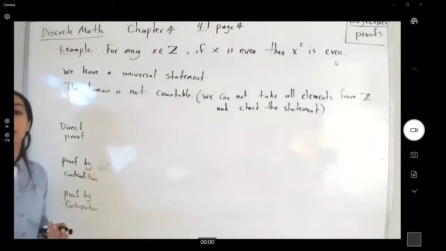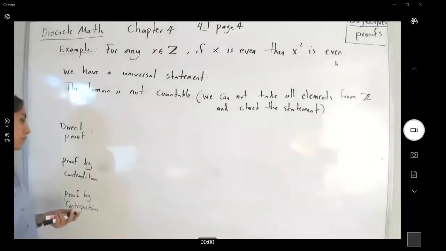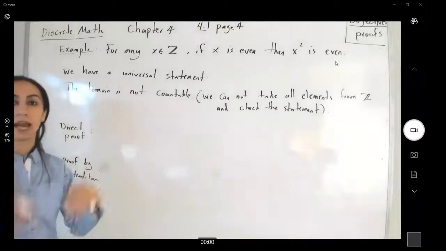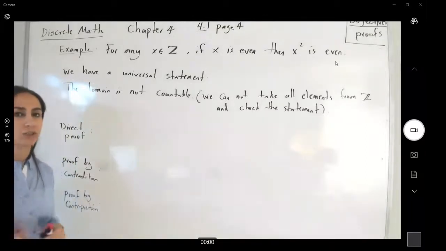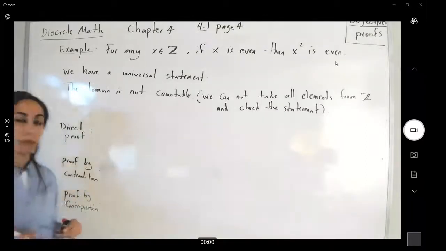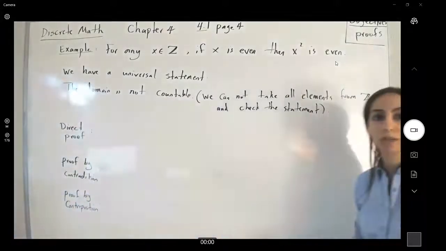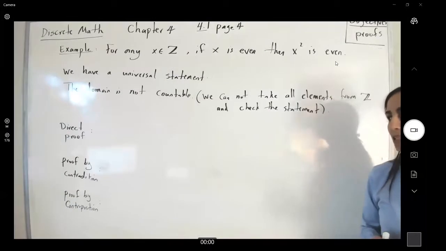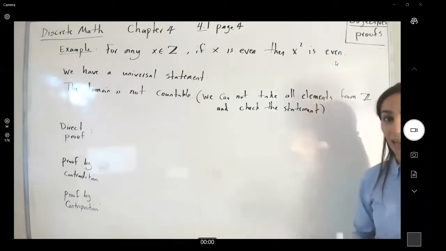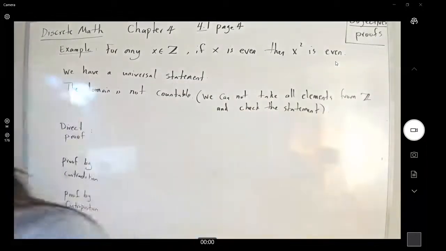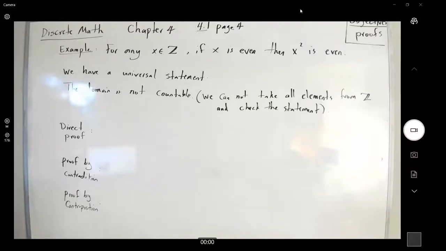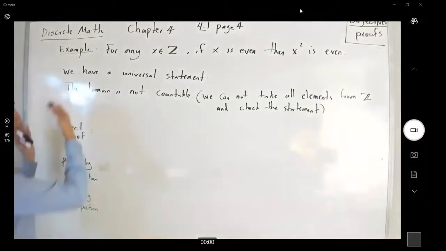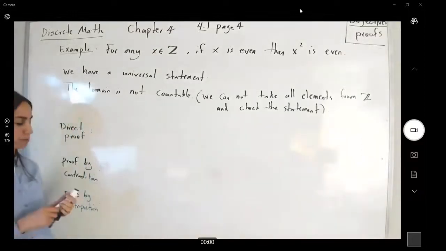One of them is the best choice, and for some others, we have to try either of these methods. Sometimes it's solved very fast, some other times it doesn't give us a nice answer. So we're going to start by using the direct proof.